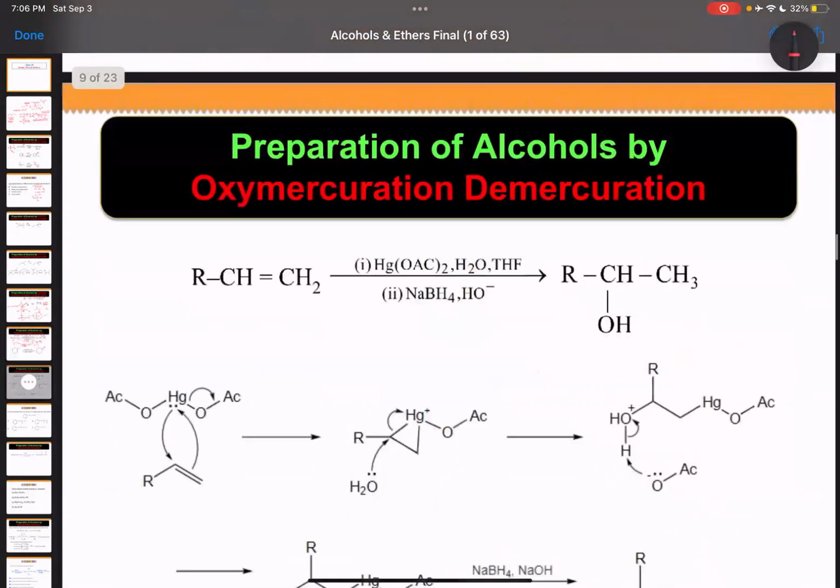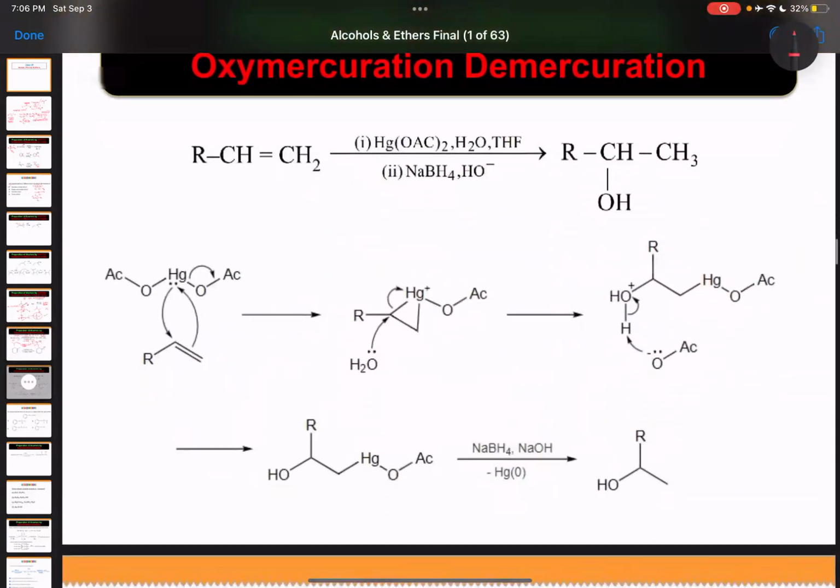So what's the mechanism? Let me quickly tell you why the rearrangement doesn't happen. Mercuric acetate breaks into the acetate ion, which comes out, and you have a cation which is mercury. This is acetate, OCOCH3; in short I am writing OAc. So this is plus, this is the electrophile.